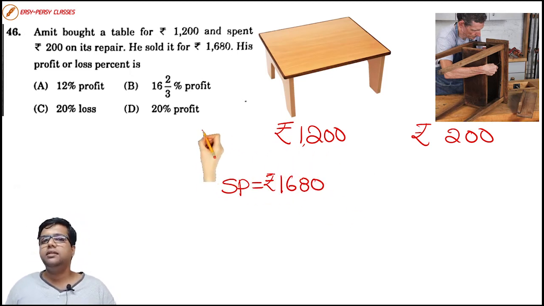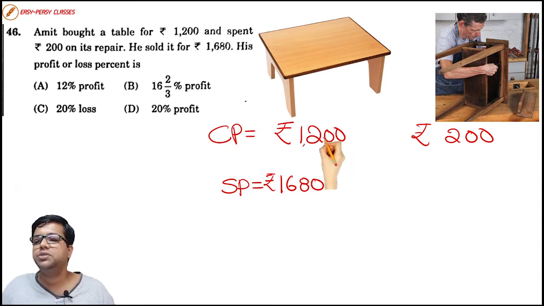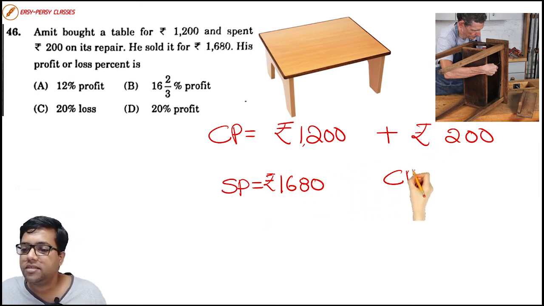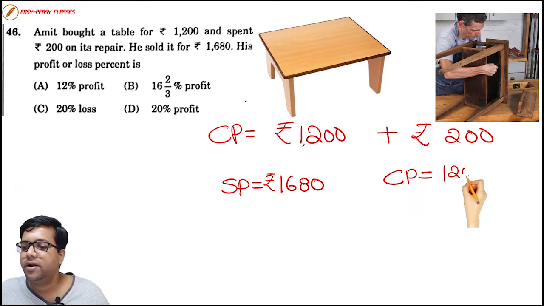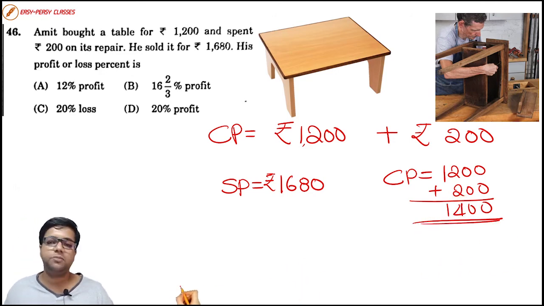Whatever money is given away by Amit comes under cost price. So cost price is not just 1200 rupees, it also includes the 200 rupees he spent for repairing his table. So cost price is 1200 plus 200, that becomes 1400 rupees.